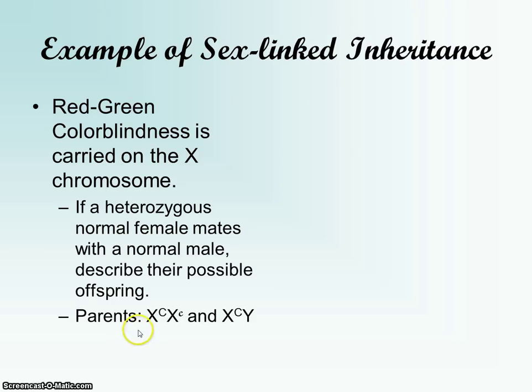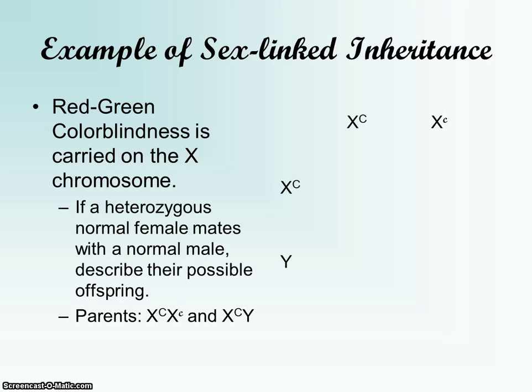The heterozygous normal female has a normal X chromosome, and she has an X chromosome that has the color blindness trait attached to it. The normal male has a normal X chromosome and then his Y chromosome. So notice here's the recessive X-linked trait.